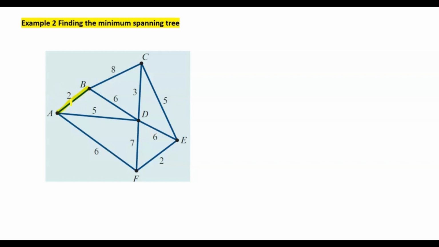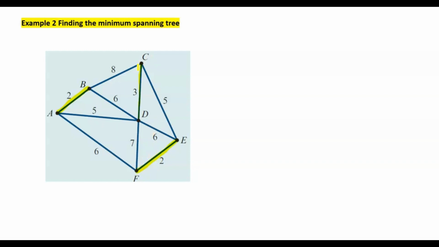This one is the smallest weight, and again this one here is the smallest weight. And E, that is the smallest weight. It has 3 attachments, 5, 6, and 2. And these 2 are attached, so even F, that's the smallest weight.